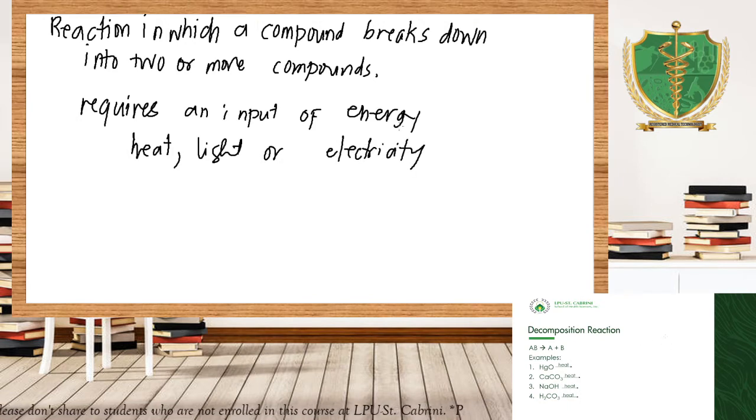Okay, take note, when we said decomposition reaction, it is a reaction in which a compound breaks down into two or more compounds, and it requires an input of energy in the form of either heat, light, or electricity.